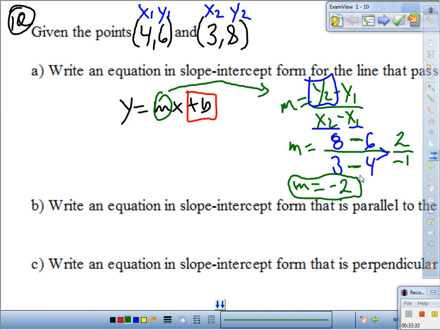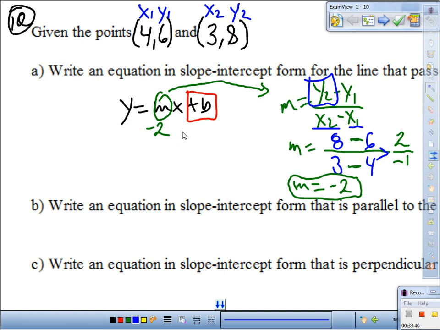Okay, good. From there, we substitute values in here, negative 2, and we can pick either point. Hands if you picked the first point. Hands if you picked the second. Okay, I still have some people that didn't even raise your hand. Once again, who picked the first point to substitute? Second point. Okay, I'm going to go with the first point.